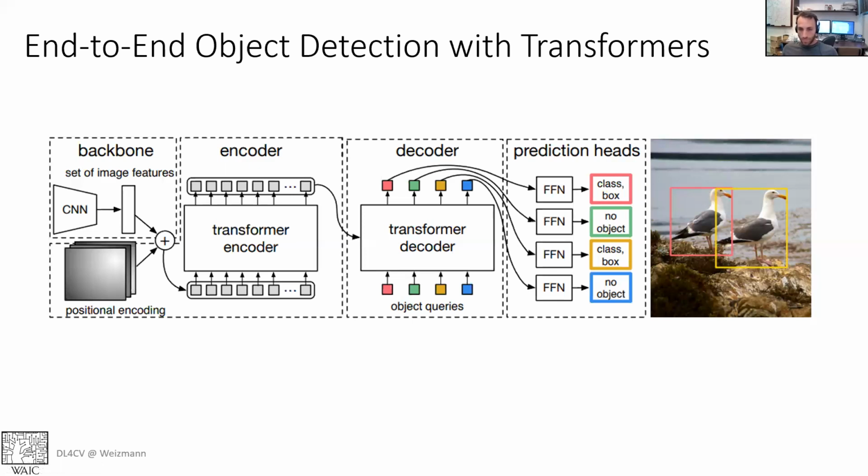Is the backbone pre-trained on a detection task, or is it trained from scratch? The backbone is usually pre-trained on image classification or something like that. Of course, this backbone is replaceable. You can use it with different backbones depending on what you want to do.